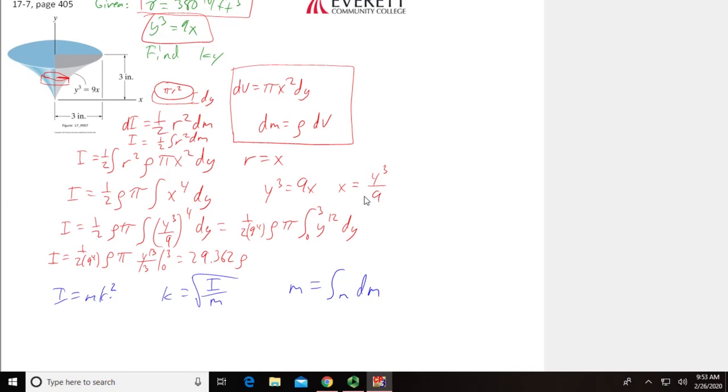I can do everything I just did up there by plugging in for dm. So my mass would be equal to the integral. Now I just plug in my value of dm, which is equal to rho dv, and dv is given up there.